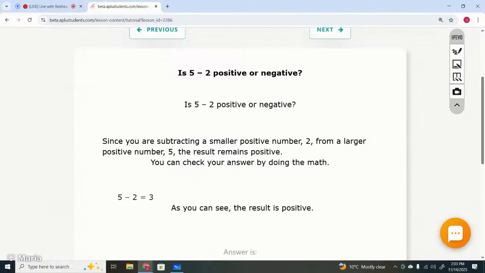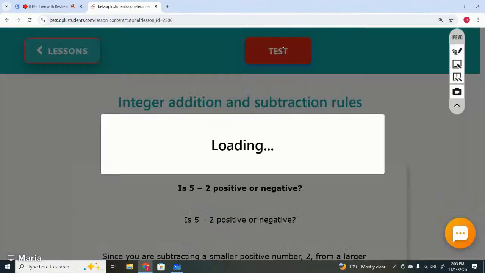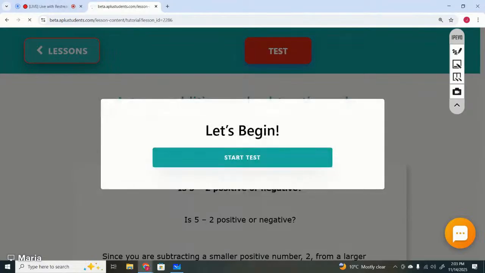So that means 5 minus 2 equals 3. So 5 take away 2 equals 3. You can see the result is also positive. You can check by doing maths, right? So when you subtract, answer is positive.